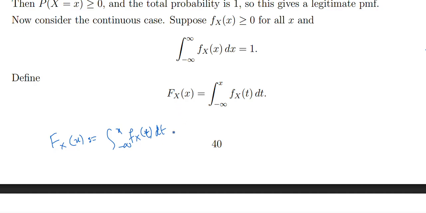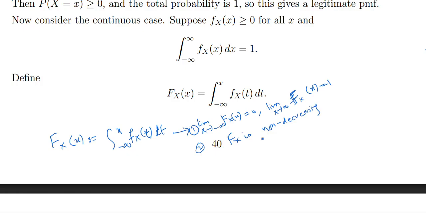If we show that this satisfies all three axioms: first, the limit as x approaches minus infinity is 0 and the limit as x approaches positive infinity of F_X(x) equals 1; second, F_X is non-decreasing; and third, F_X is right continuous. If we show these, then we are done.